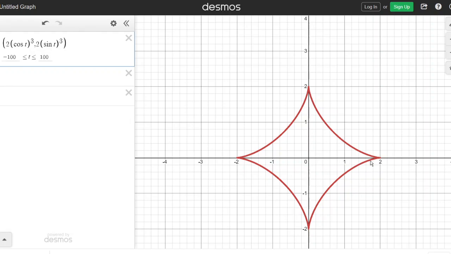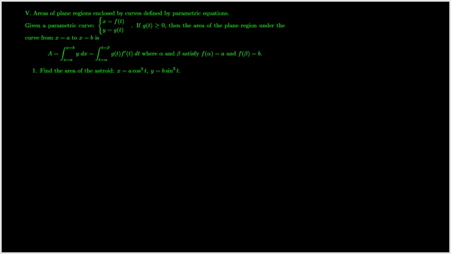We'll set up the integral. We do not need too many formulas. We can just use the knowledge we knew before, okay? In this particular case, in the solution key, I only set up the integral. The total area, if I use A to denote the area, is 4 times the area from 0 to 2.